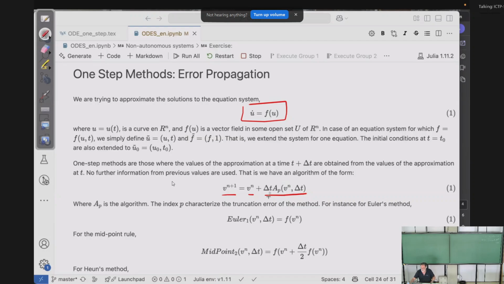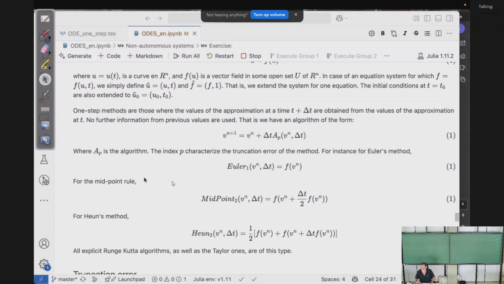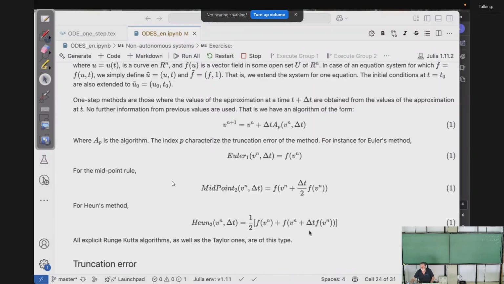For Euler, this A of B is just f of B_n. For the midpoint it is this one. For Heun it is this one. So this is the evaluation at the midpoint, and this is the average of the vector field at the previous point and an approximation to the second point.